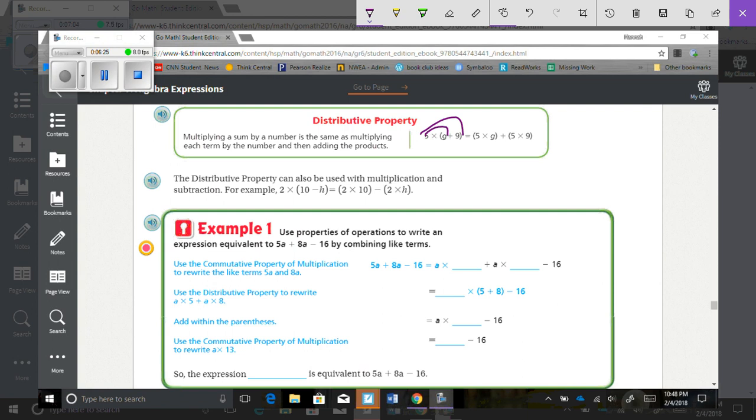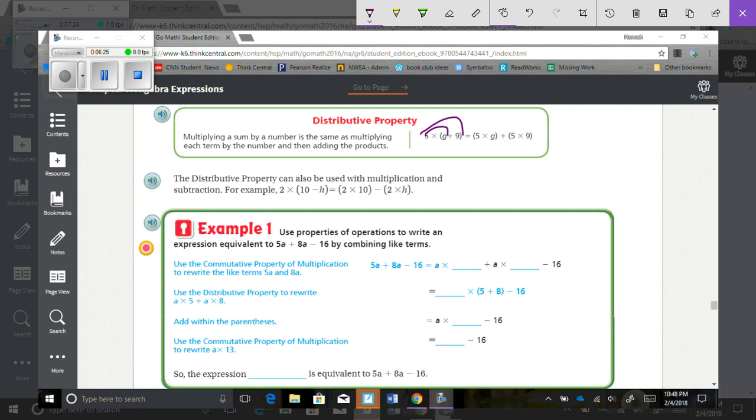Use properties of operations to write an expression equivalent to 5a plus 8a minus 16 by combining like terms. For this first one, we're going to use the commutative property of multiplication to rewrite the like terms 5a and 8a.